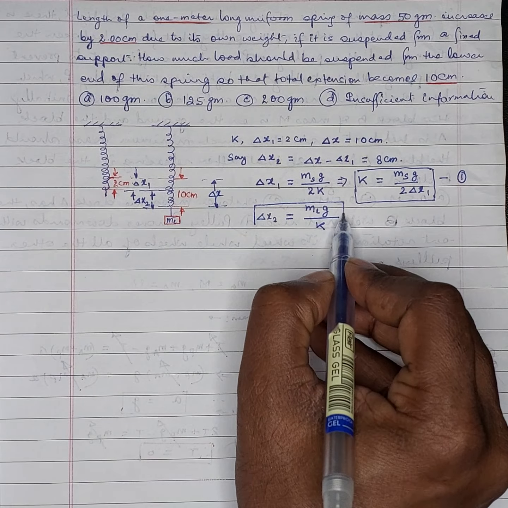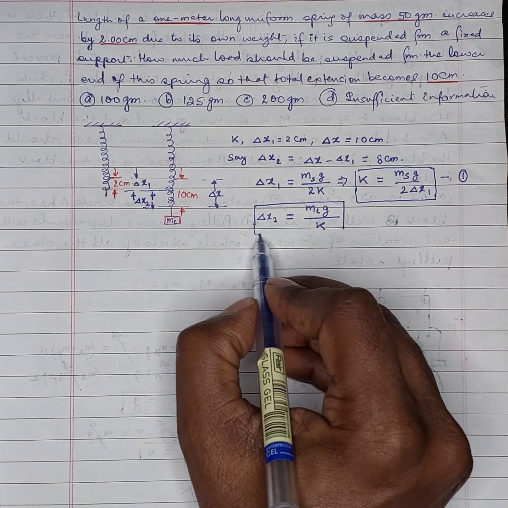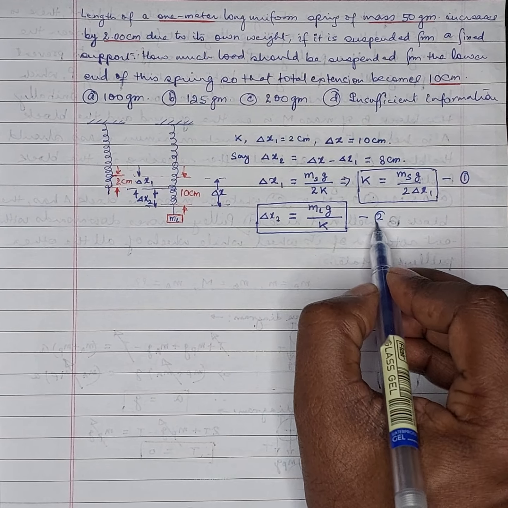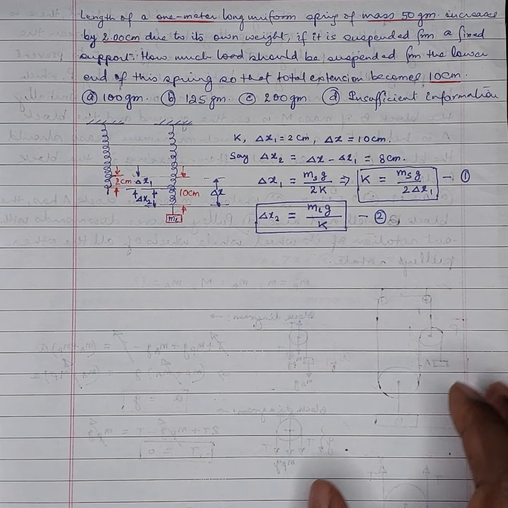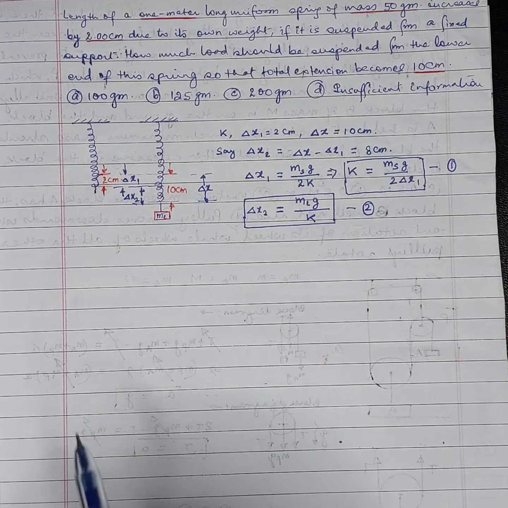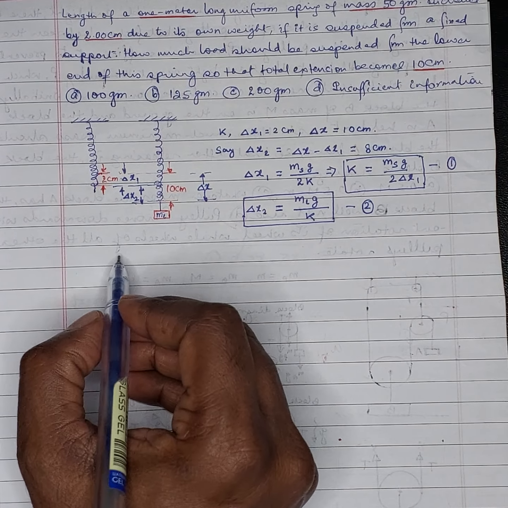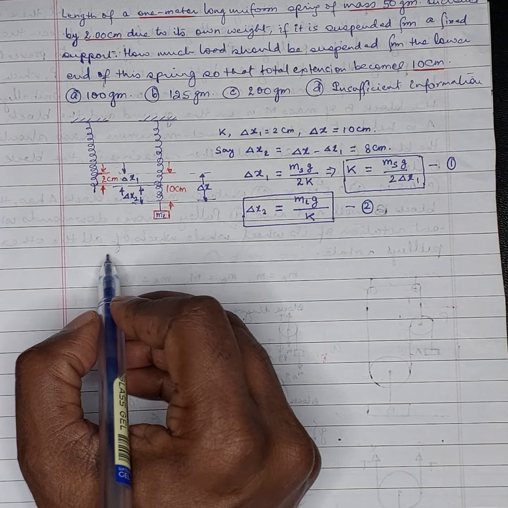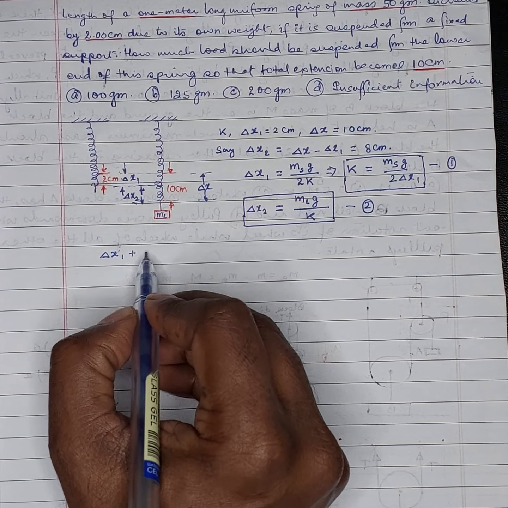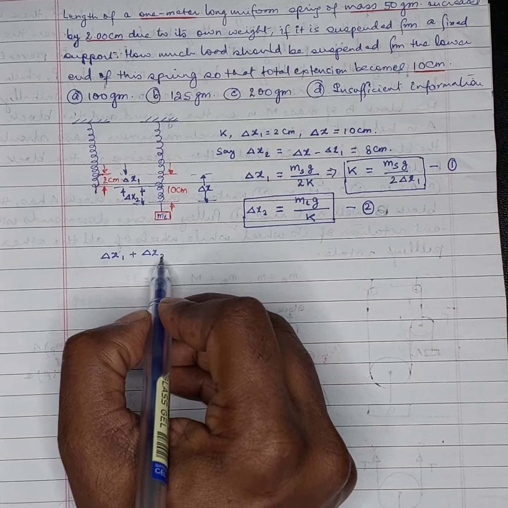This is your second equation. Now in the question, delta x1 plus delta x2 is your 10 centimeters. Total extension is delta x1 plus delta x2.